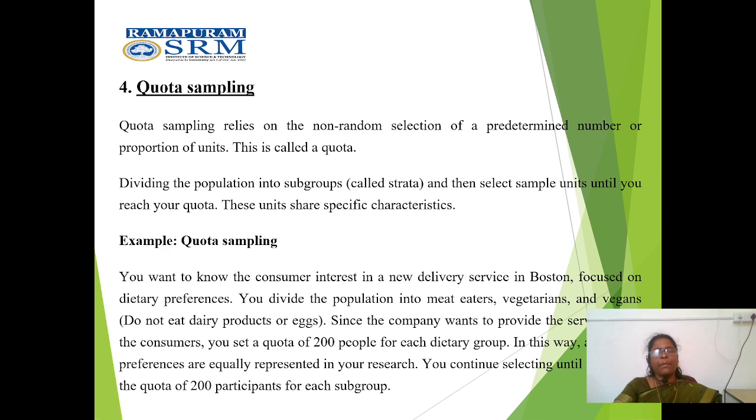Since the company wants to provide the service to all the consumers, you set a quota of 200 people for each dietary group. In this way, all dietary preferences are equally represented in your research. You continue selecting until you reach the quota of 200 participants for each subgroup.